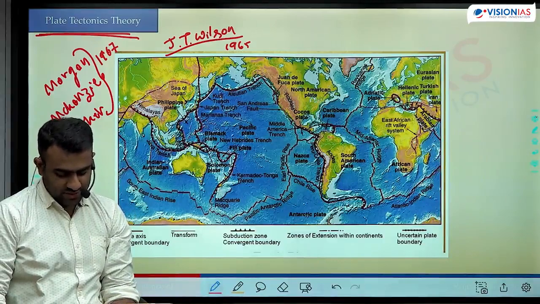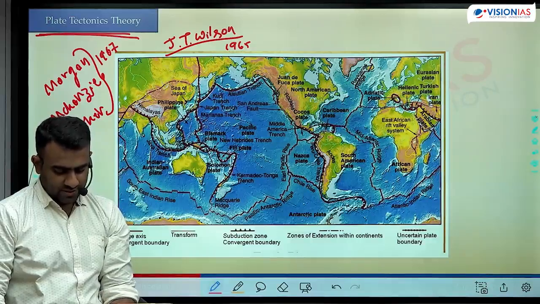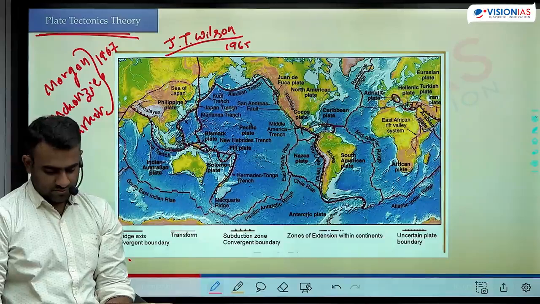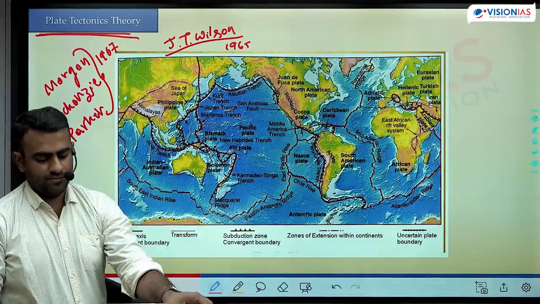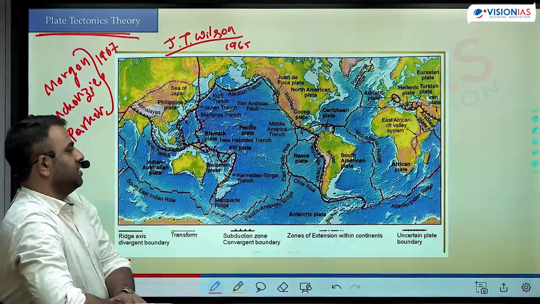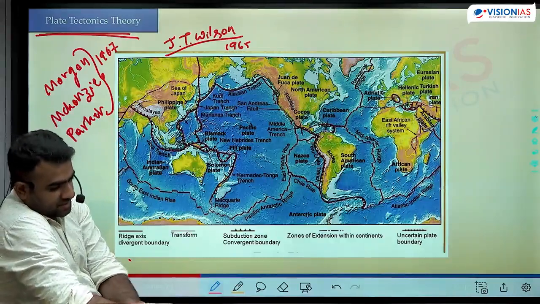He was also a geomorphologist. One is J.T. Wilson, another one is T.J. Wilson. He is the one who gave this idea of plate. Plate is the uppermost layer of the earth, hard and rigid outermost layer.